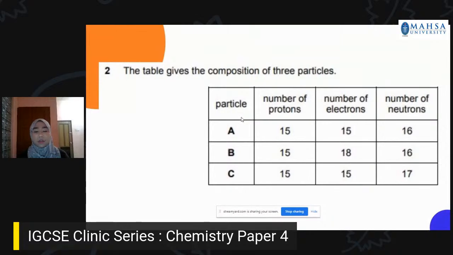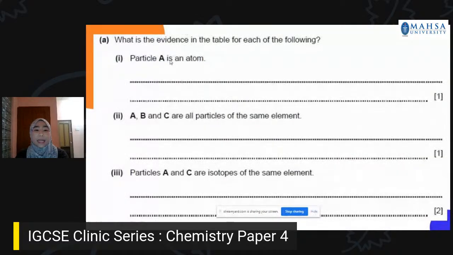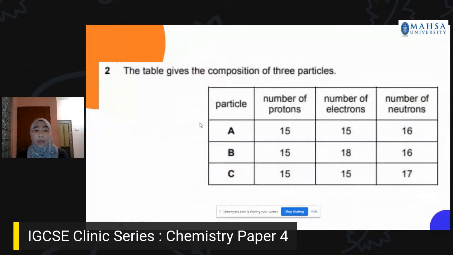Atom means it's a neutral state. So they say particle A is an atom. Referring to A, does A have the same number of proton and electron? Yes. So you can mention that particle A is considered an atom because the number of proton is equal to the number of electron.